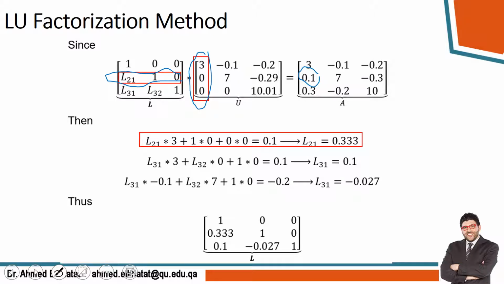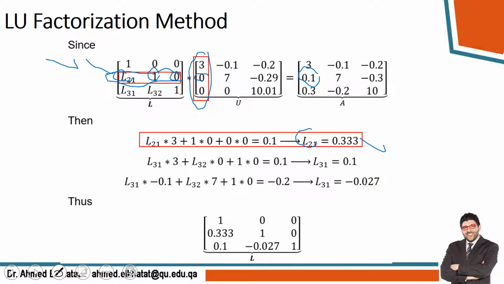Now L21 times 3 plus 1 times 0, which is 0, plus 0 times 0, which is 0, equals 0.1. Then you can find L21 equal 0.33. So this one is done. Okay, let's go for the second one.